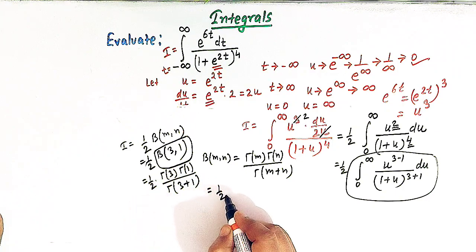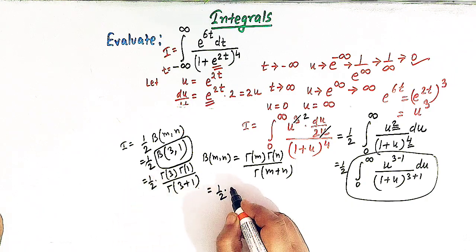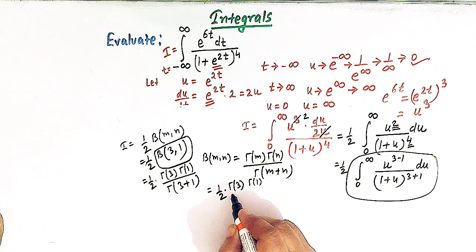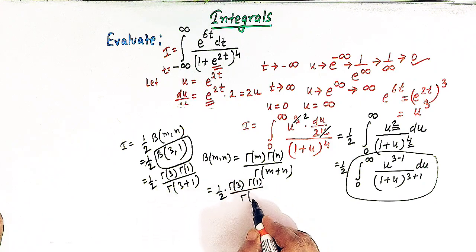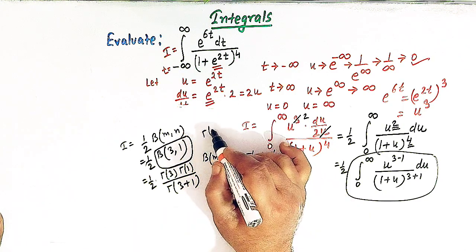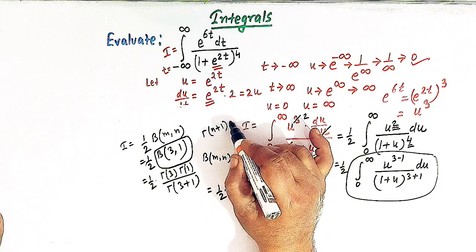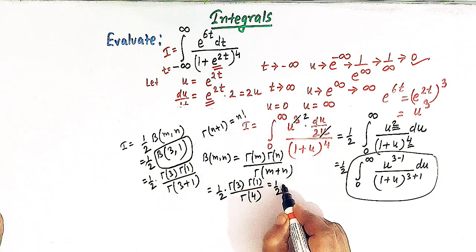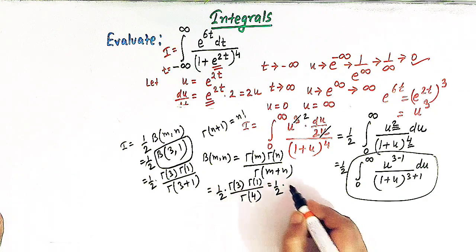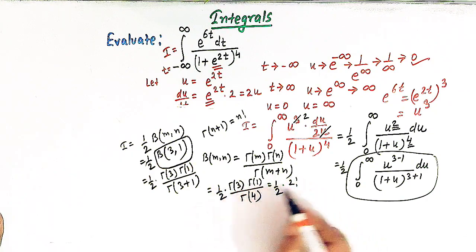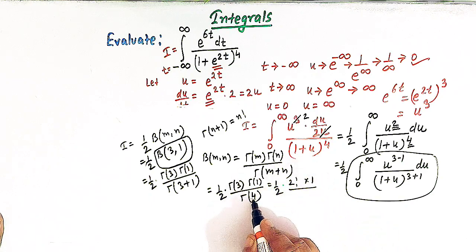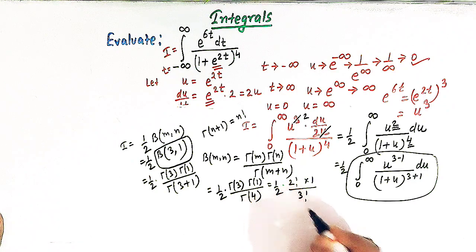So this is half, gamma of 3, gamma of 1, and in the denominator gamma of 4. Now we can use the important relation gamma of n plus 1 is given by n factorial. So we have half, gamma of 3 is 2 factorial, gamma of 1 is simply 1, and gamma of 4 is 3 factorial.